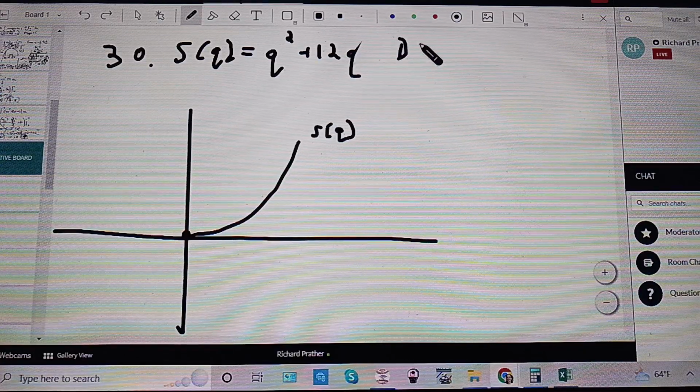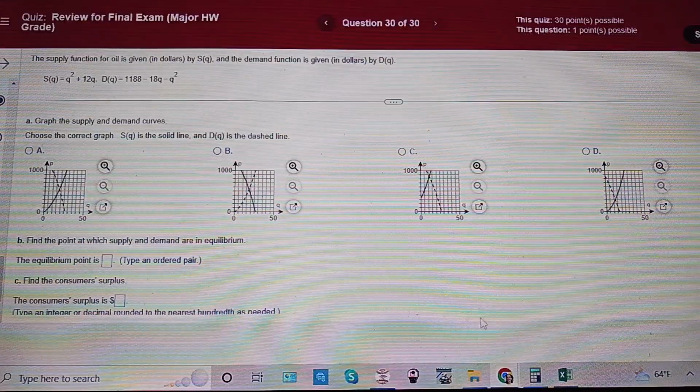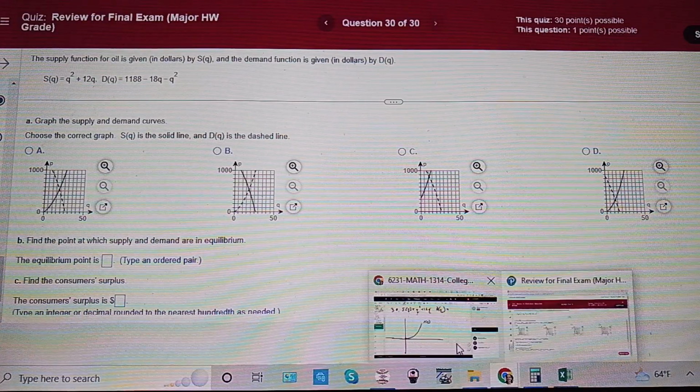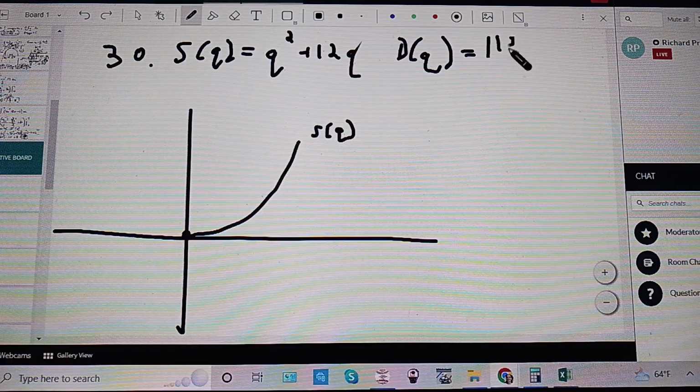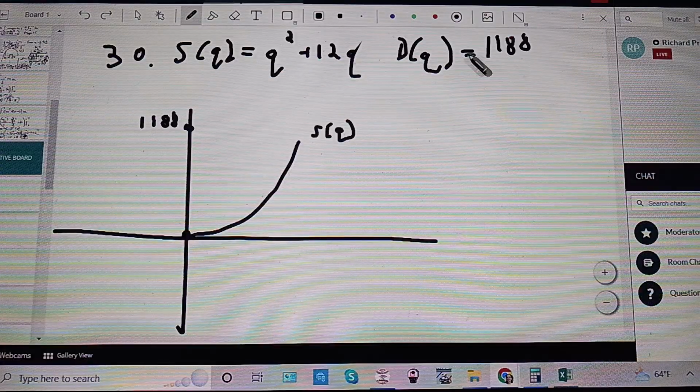And then the demand curve, this one's got a negative q squared at the end. It's 1188. So that's the y-intercept, 1188. Minus 18q minus q squared.